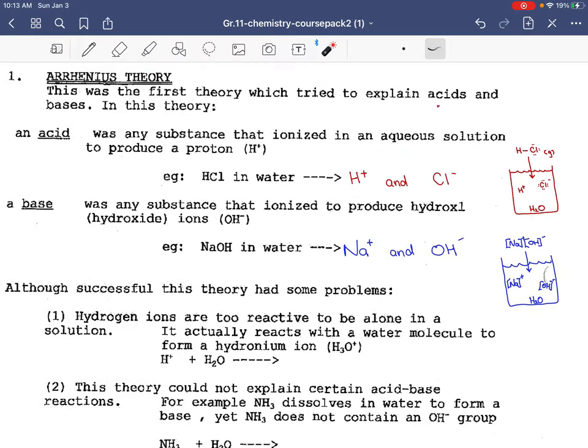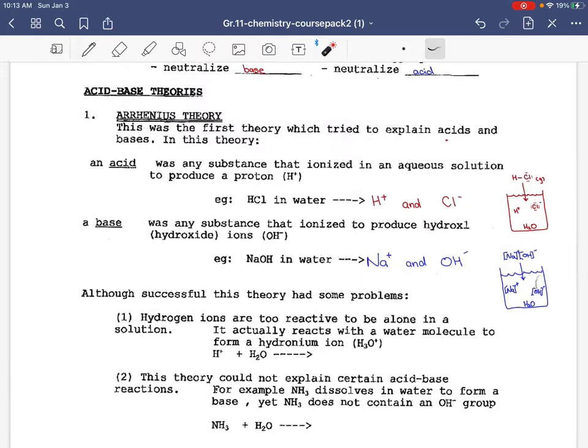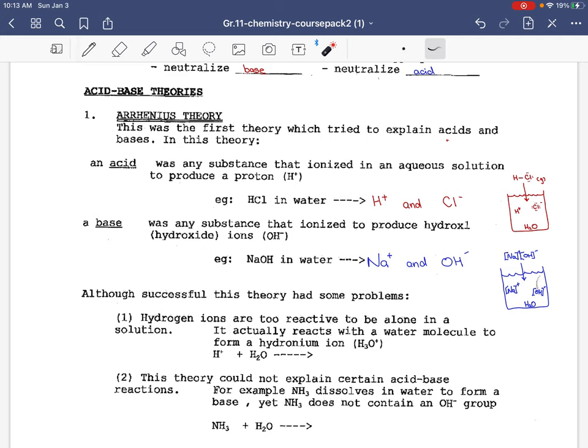So in terms of his conclusion, which is stated right here in page 184 in your course pack, hopefully you guys are writing this with us, although successful in this theory, where acid in water will make lots of H plus, and bases in water make lots of OH minus, there are some problems though.